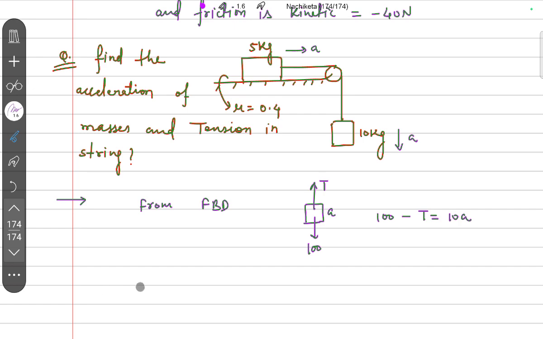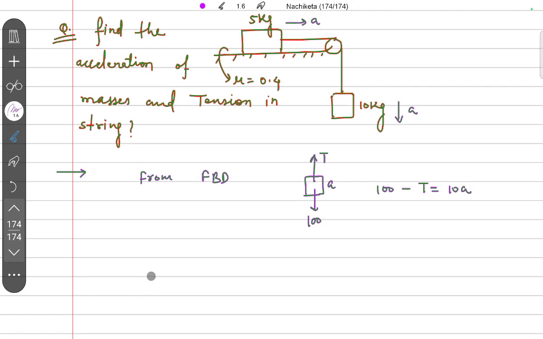Yes, for the 5 kg mass, of course in such cases we will consider that they are going to slide. I will give you the trick also, how to do that.